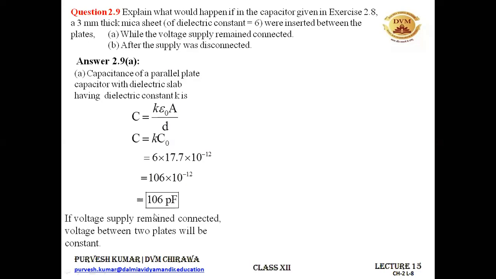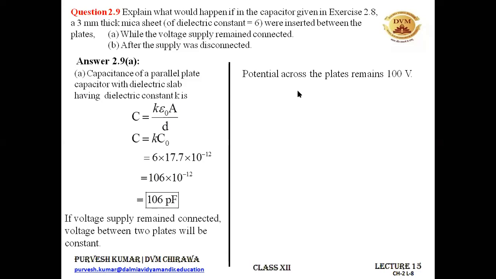So let's find that if the supply voltage remains connected, the voltage between the plates will be constant. And we know when we have connected the supply voltage with the same 100 volt, the voltage between the plates will be 100 only, because that's what we have done. So in order to maintain that 100 volt, the supply battery will supply the charge. All right.